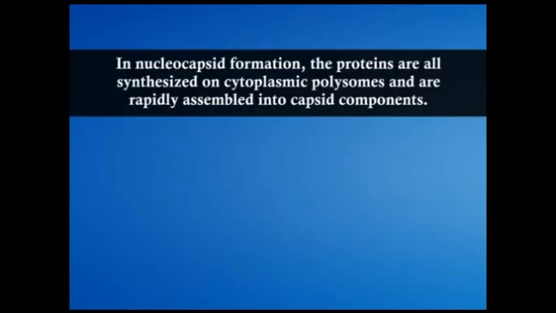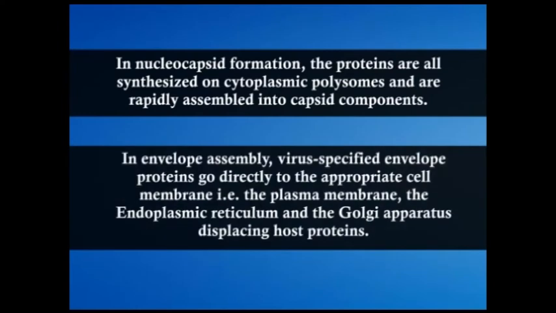In nucleocapsid formation, the proteins are all synthesized on the cytoplasmic polysomes and are rapidly assembled into capsid components. In envelope assembly, virus-specified envelope proteins go directly to the appropriate cell membrane, that is, the plasma membrane, the endoplasmic reticulum, and the Golgi apparatus, displacing the host proteins.